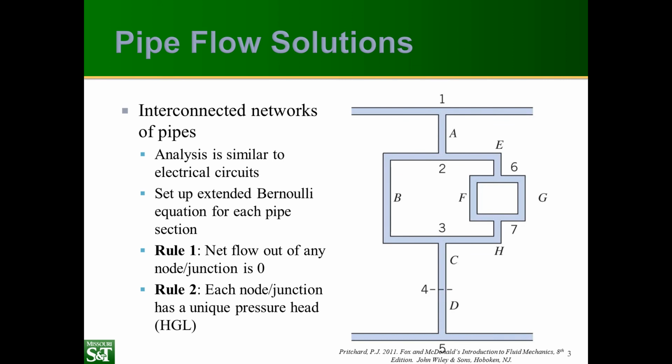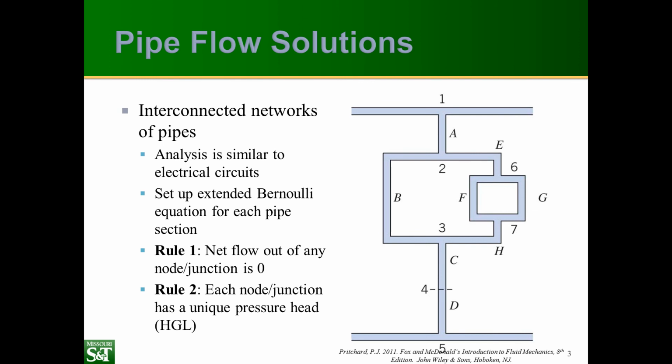The second one is that each junction, anywhere two pipes join, has a unique pressure head or hydraulic grade line, so the pressure is the same at each junction, no matter which path you take to get there. So two pipes with the same endpoints must have the same pressure drop, and the flow rate should be balanced between those to ensure that the pressure drop is the same.